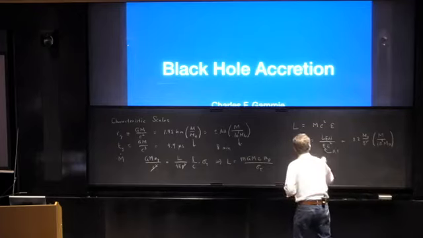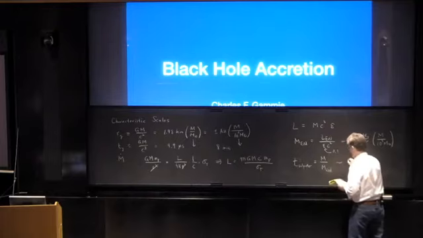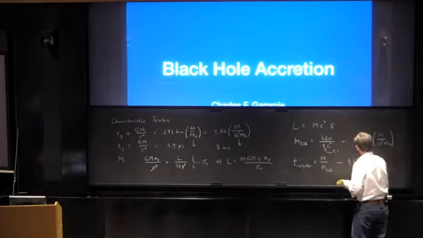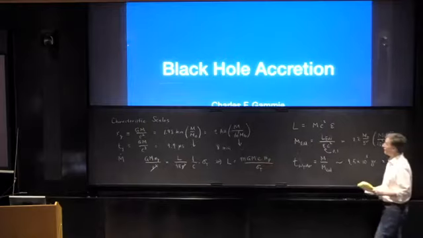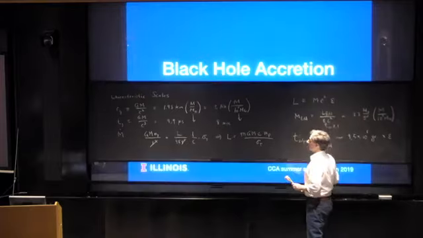And you can work this out. This is the same for all black holes, 4.5 times 10 to the 8 years times the efficiency. Okay. So there are the characteristic scales, fundamental characteristic scales.